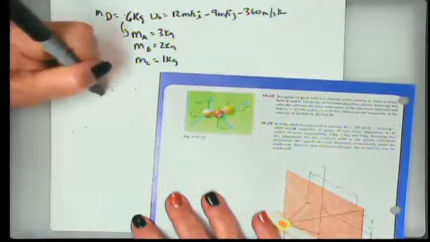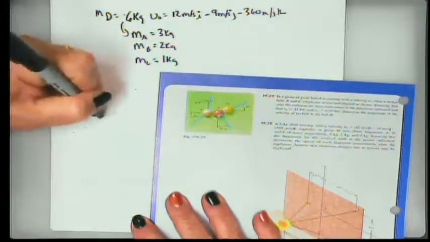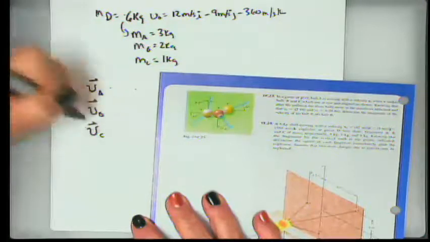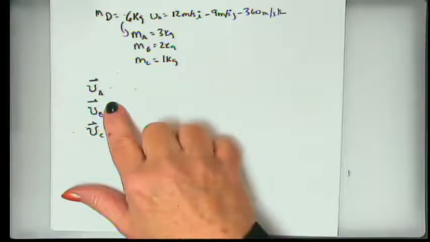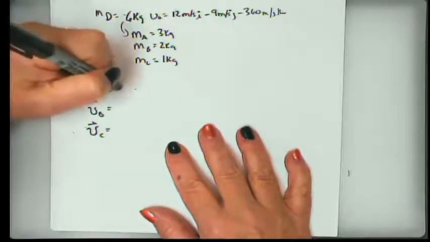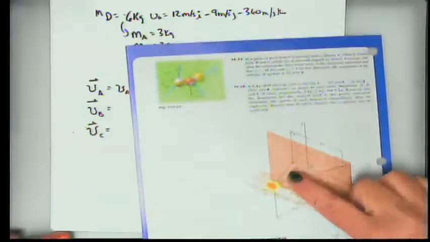All right, so basically what we're saying is there's going to be a velocity of A immediately after the explosion, a velocity of B immediately after the explosion, and a velocity of C immediately after the explosion. And we don't know what any of those things are. But we do know that in each case, each of those vectors can be expressed as the magnitude times the lambda from point D to the point where it hits the wall.